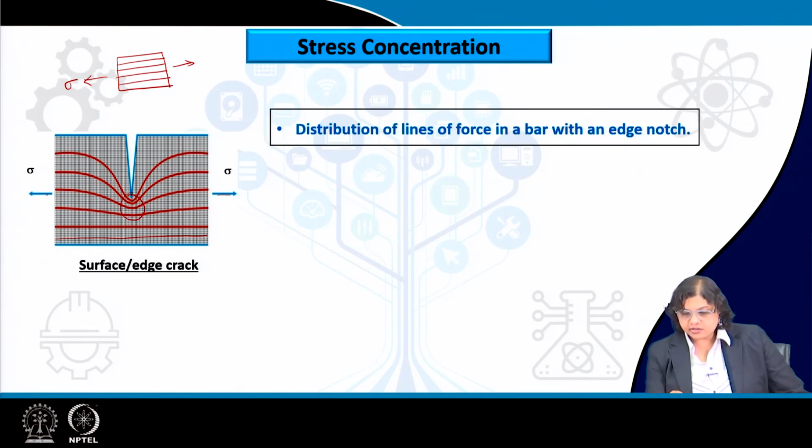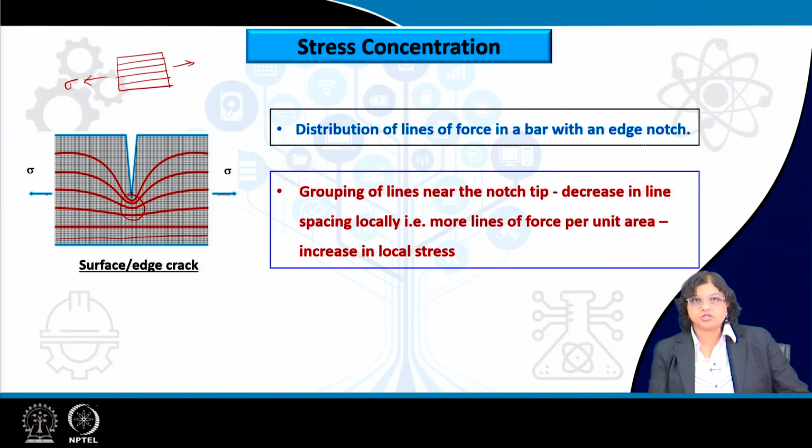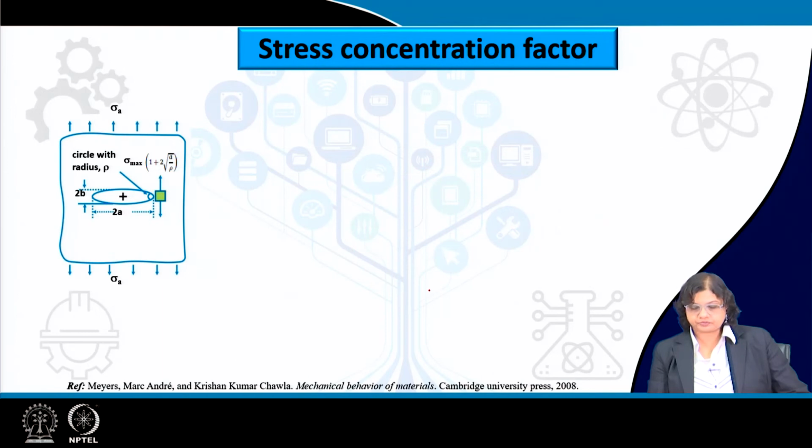As I have explained, there is a distribution of lines of force in a bar with an edge notch, which groups near the notch or crack tip, decreasing the spacing between the lines of force and increasing the local stress. If we want to quantify that, this is how we do it.